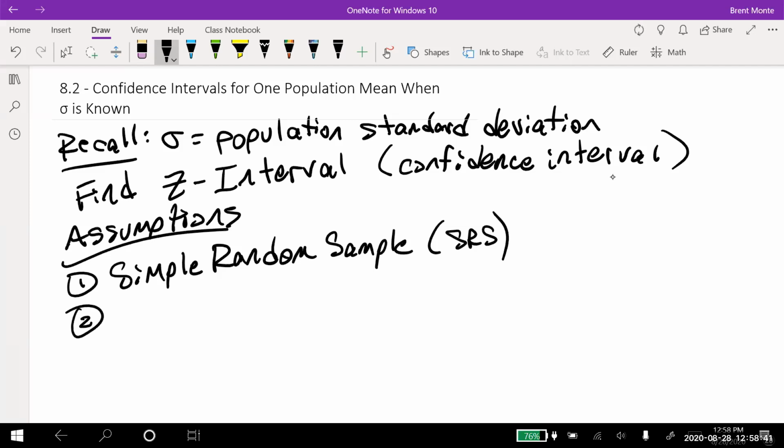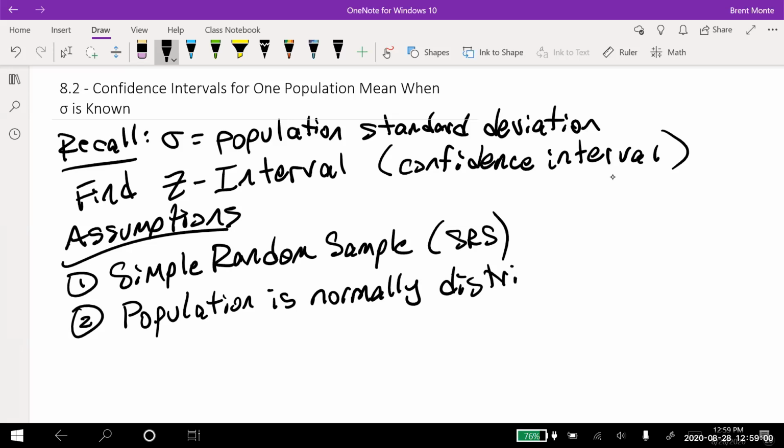The second one, and hopefully this doesn't surprise you, the population has to be normally distributed, because since we're using that Z, it's based on the normal distribution. And what did we find out earlier? If the population is not normally distributed, or I don't know if it is, or we have a large sample.